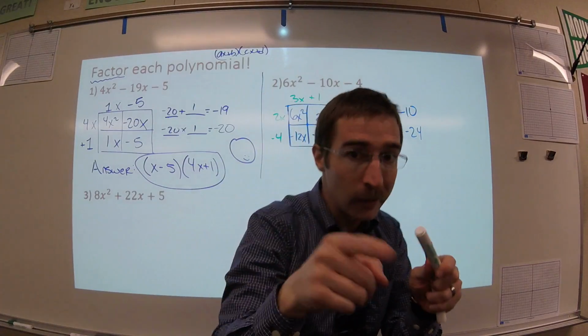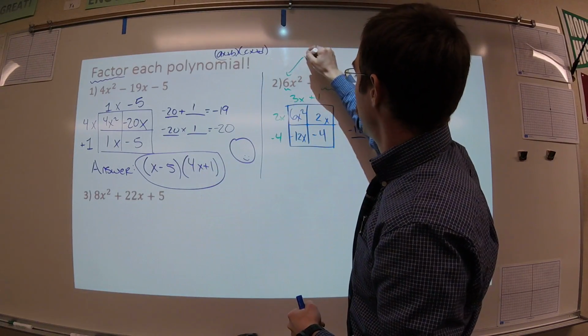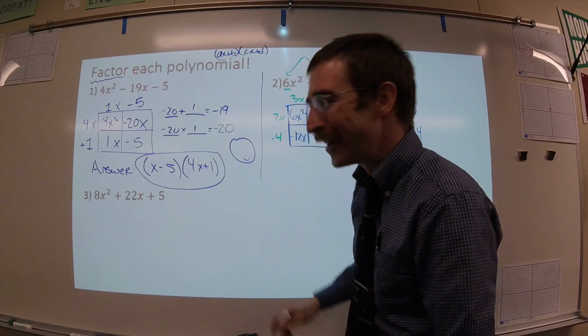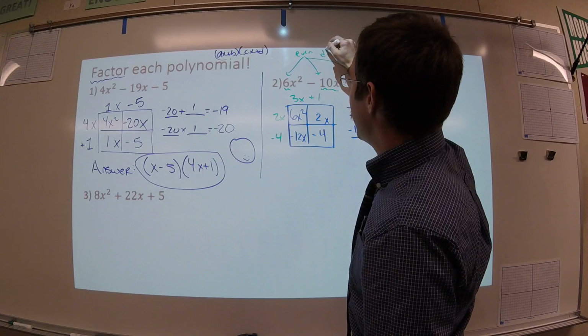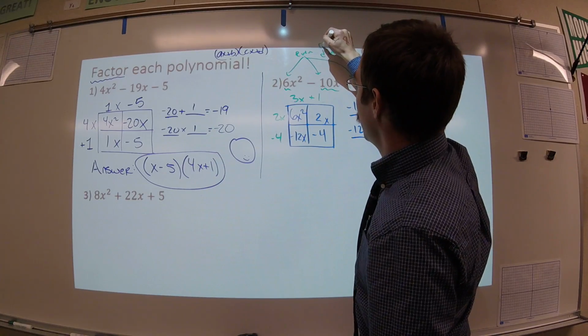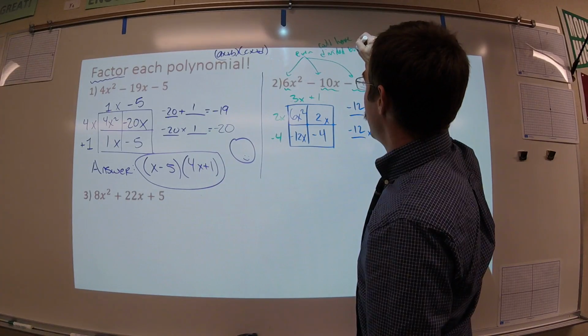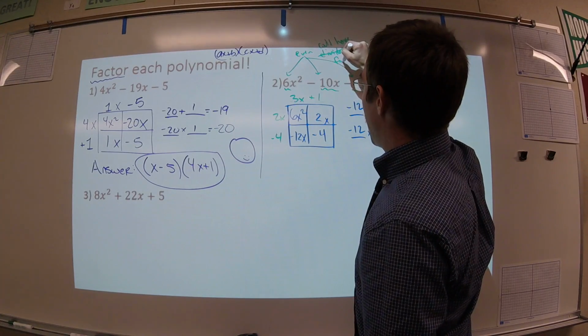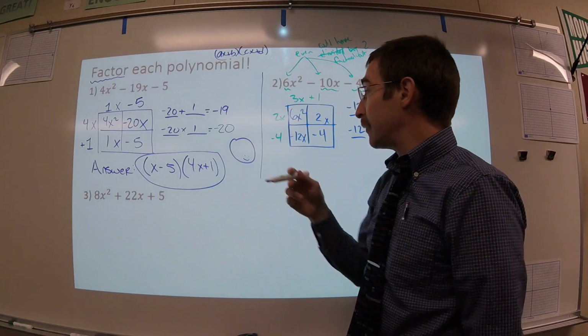Now notice, these are all even numbers. So we could have divided by 2, sorry, factored out a 2 in the beginning.